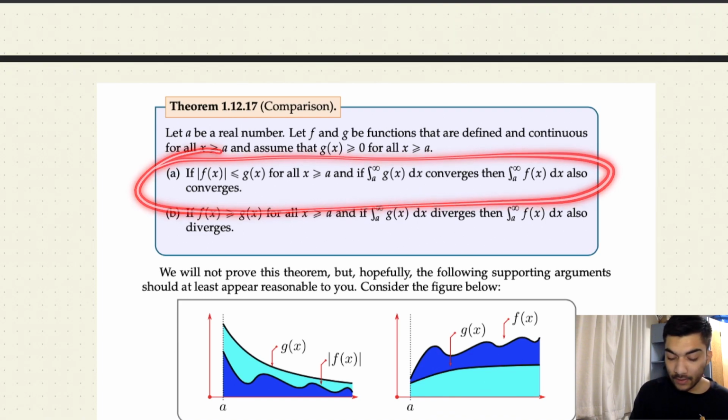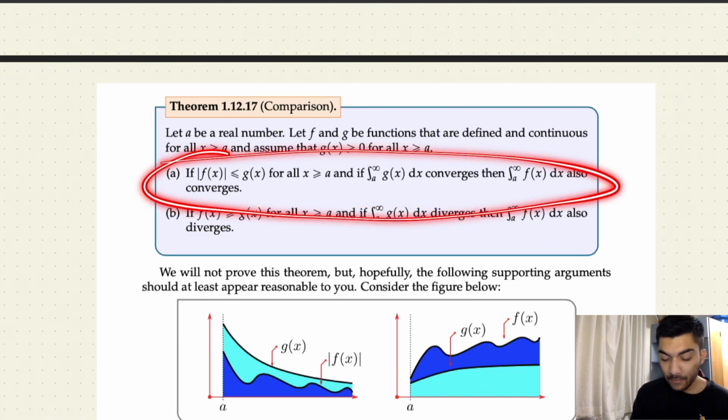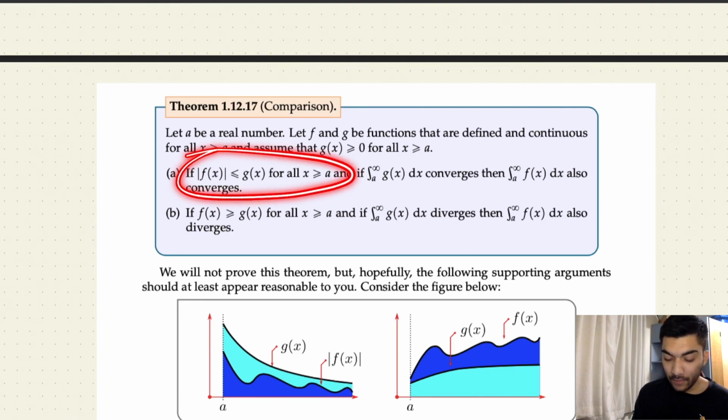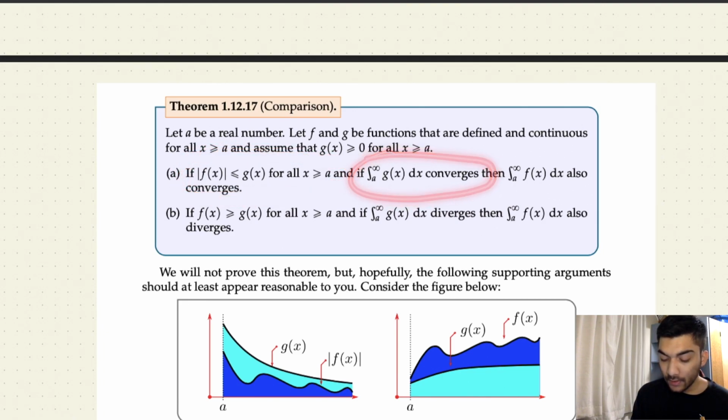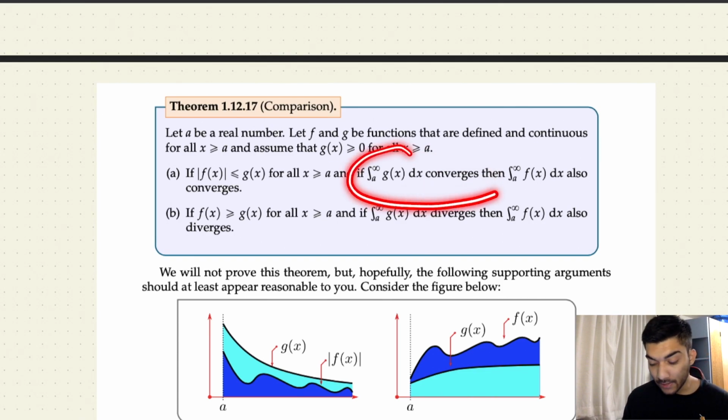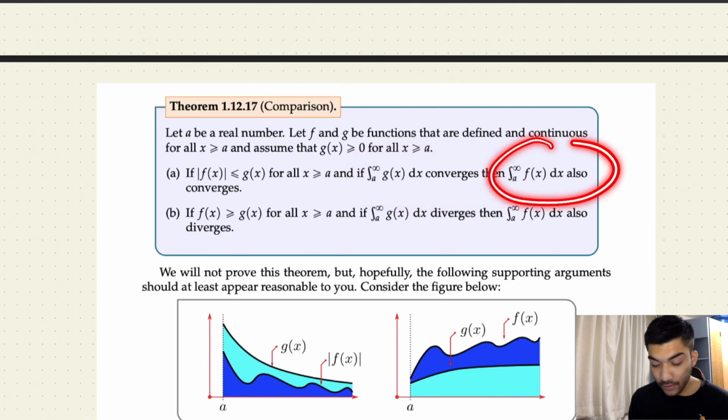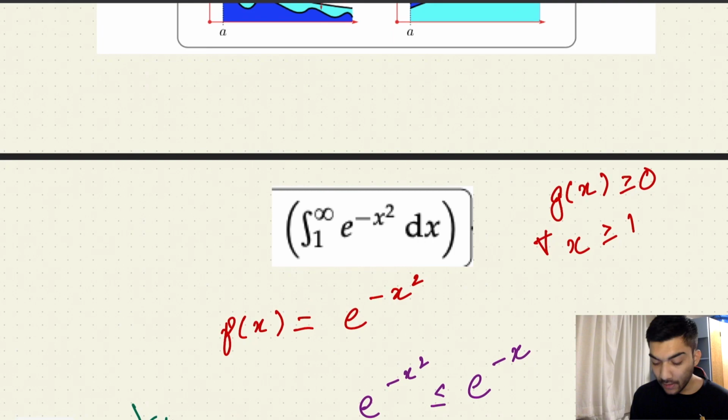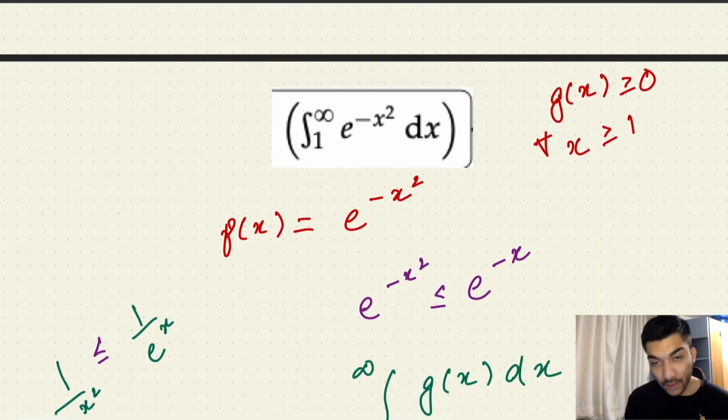And now based on the first property, based on the first case, we know that we satisfy this criteria clearly, and also we know that the integral where our g of x is e to the power minus x has a real solution, so we can definitely argue that our original definite integral, which is this one, will also converge.